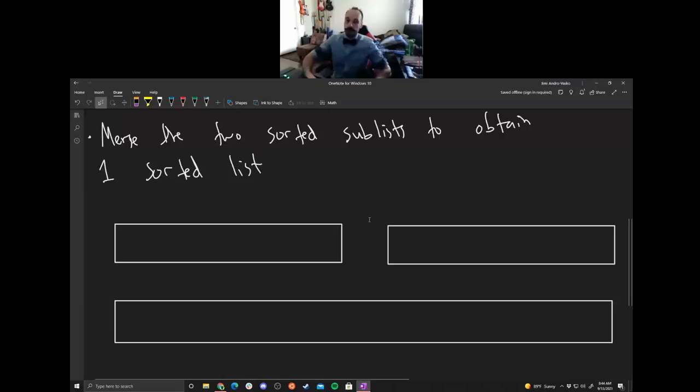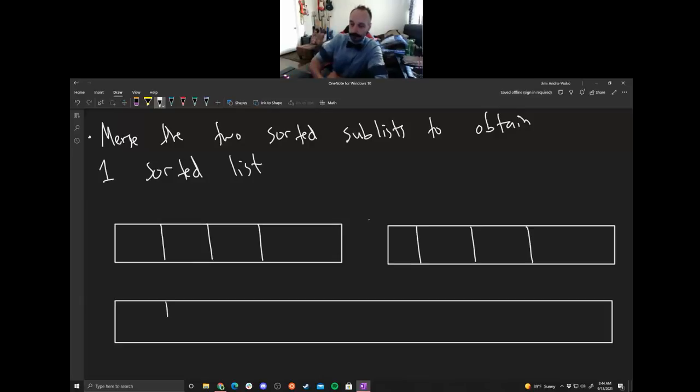All right. So let's say I want to have maybe a 4-element list over here, and another 4-element list over here. Then I'll have an 8-element list over here. So when we call merge sort, we're going to first have these two sublists.